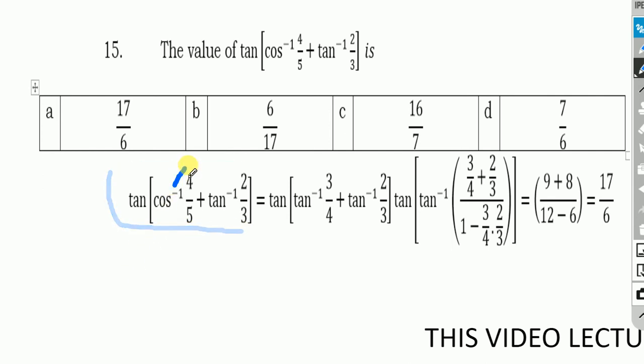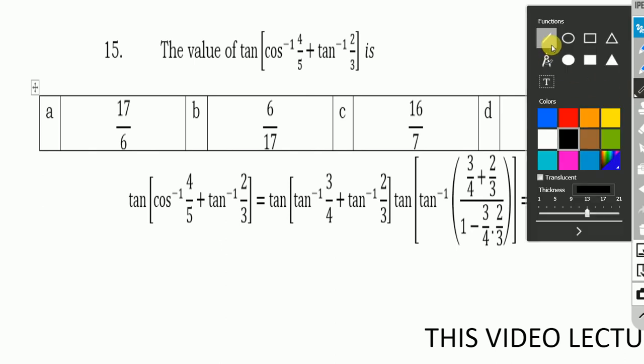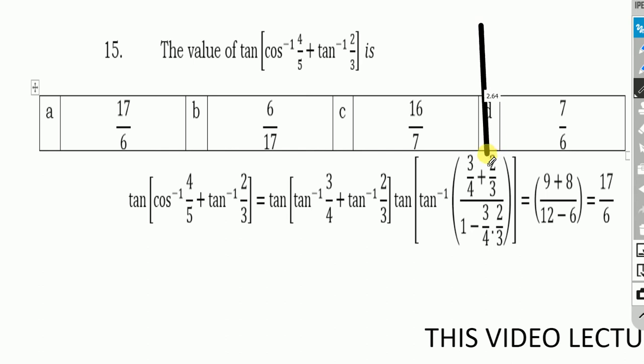Let us convert this cos inverse of 4 by 5 to tan. So I will write a right angle triangle first. Let us take this as theta, and cos inverse of 4 by 5 means adjacent by hypotenuse.